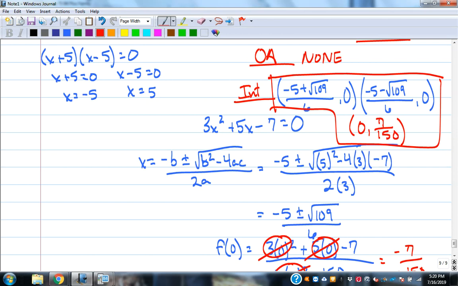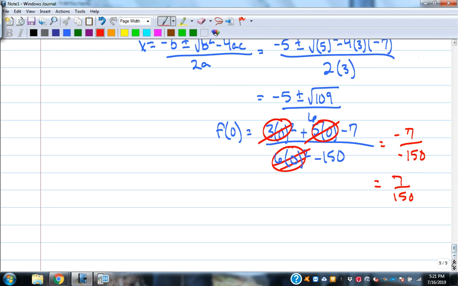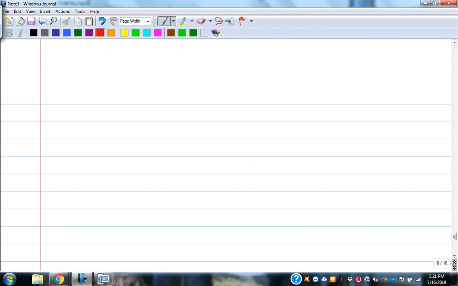All right. Let's look at this one. Page here.